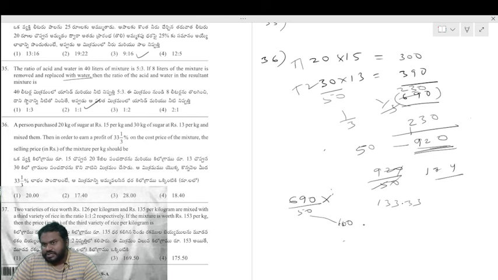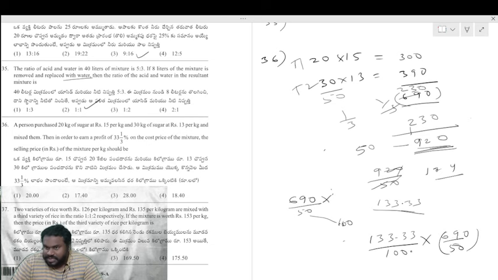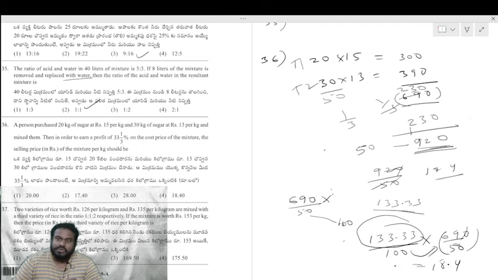So if he is selling at 690 by 50 for 100%, then for this much percent, how much? 133.33 divided by 100 times 690 by 50 is the cost per kg. For 100% this is the cost. For 133.33%, how much is the cost? To simplify this, you will be getting the same answer, 18.4. In both ways you can get it.